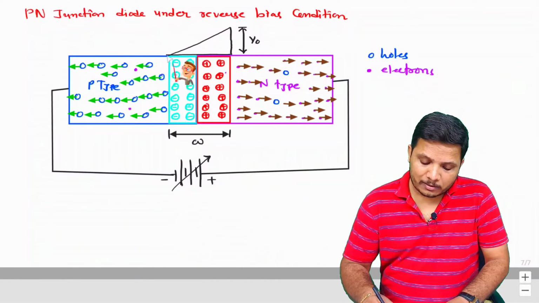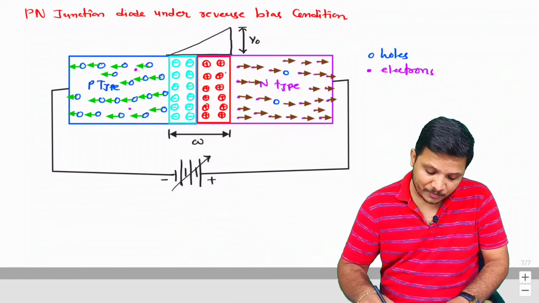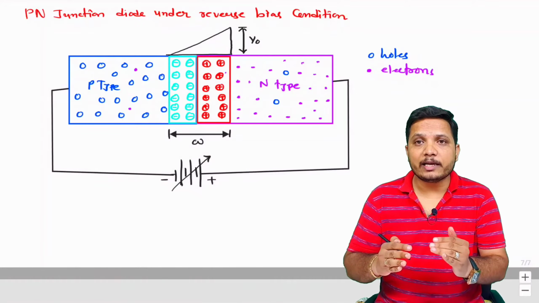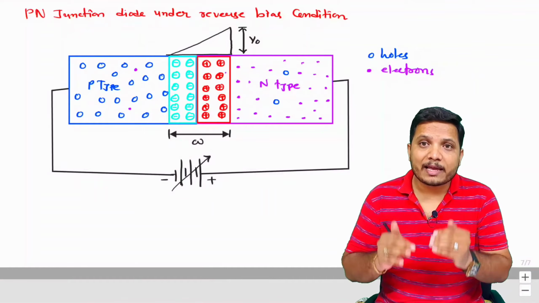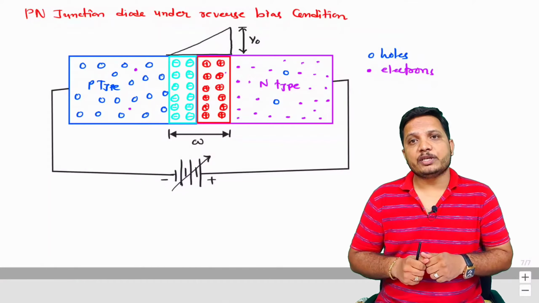So there will be an increase in the width of the depletion region over here, right? As you increase the reverse bias voltage, there will be an increase in potential barrier, as well as an increase in the width of the depletion region.